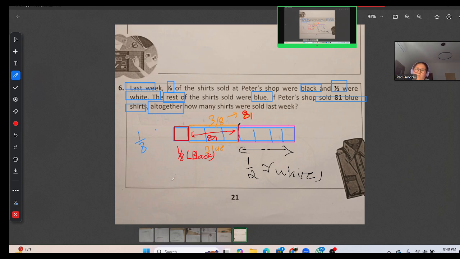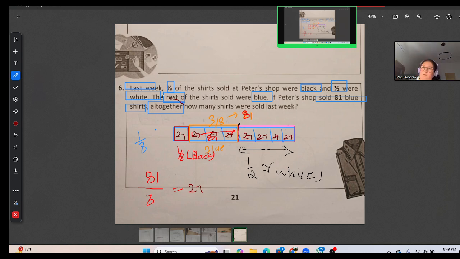How many equal parts are there? 3, right? So if you divide 81 by 3, how much would you get? 81 divided by 3 is 27. That means each one of them is 27, 27, and 27.